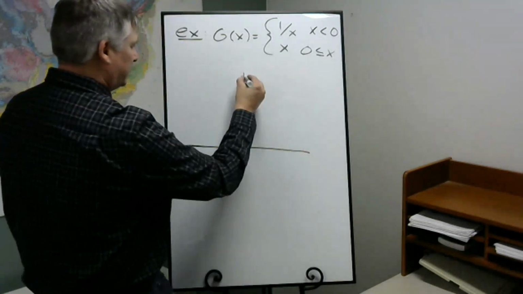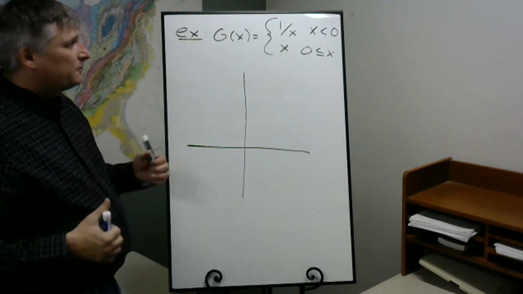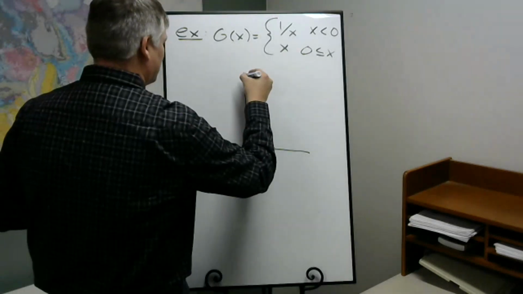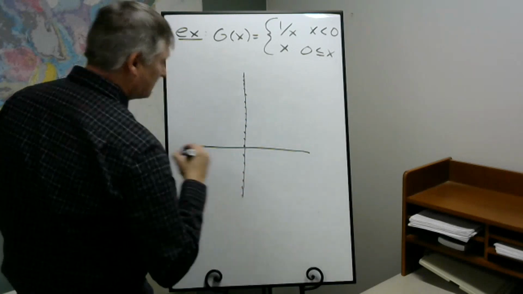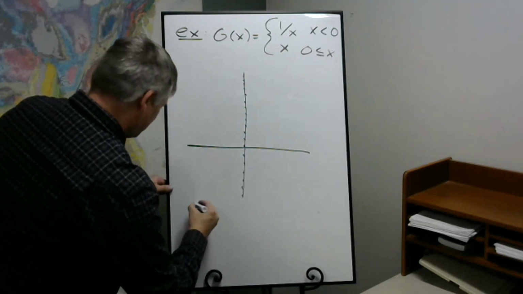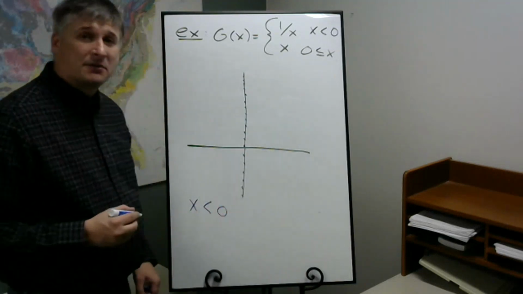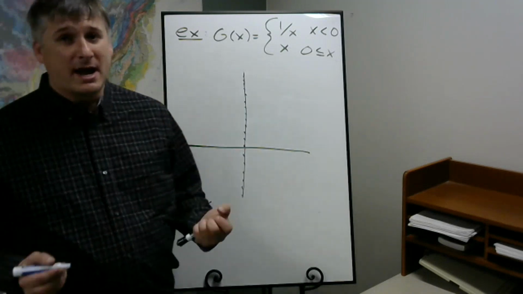We'll put in the boundary between our phases. For the two phases, the boundary appears to be 0. So phase 1, x less than 0. Well, this is 1 over x.